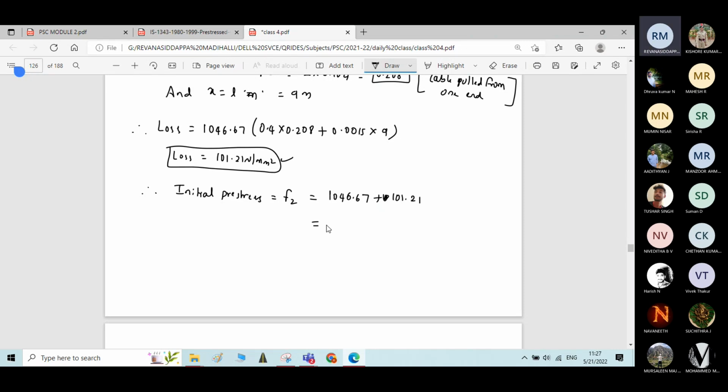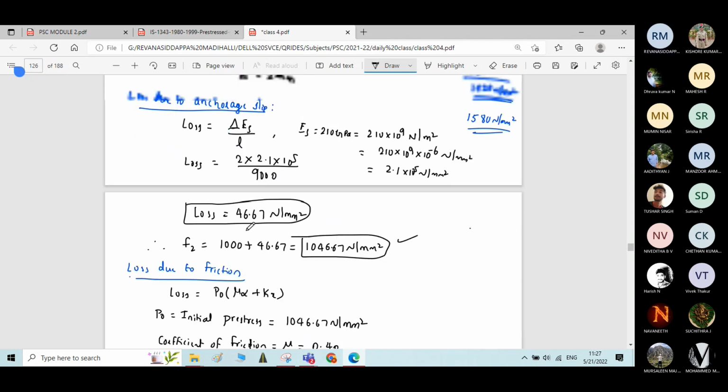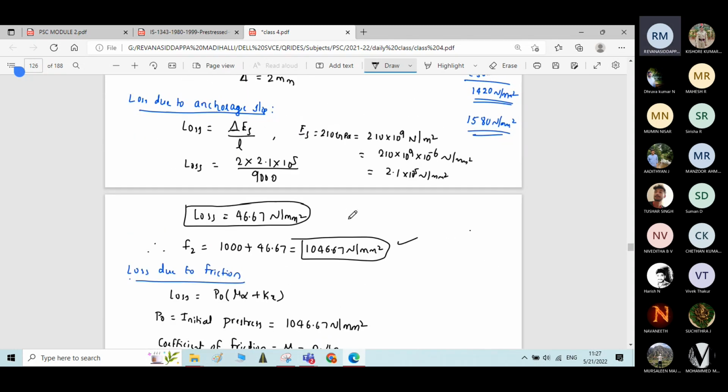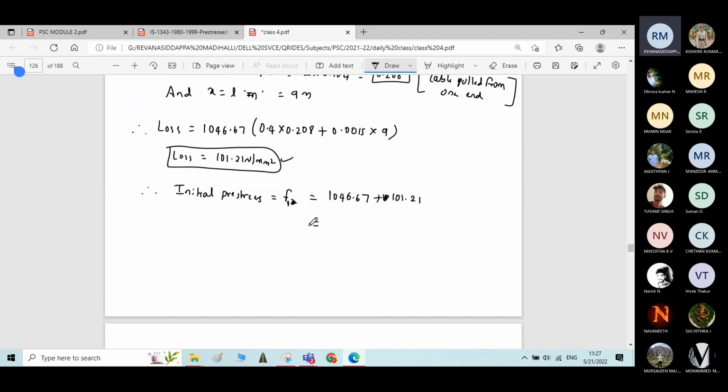If you do, you can overcome loss due to friction and the anchorage slip. Sorry, this is F1. F2 is the stress after overcoming loss due to anchorage slip. Then F1 is the stress after overcoming the loss due to friction. F1 is equal to 1147.88 Newton per mm square.